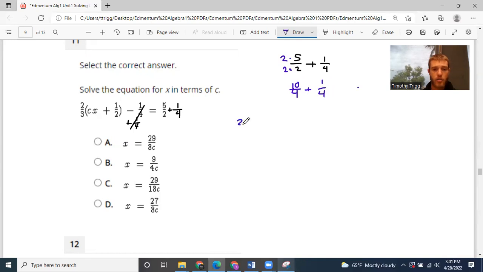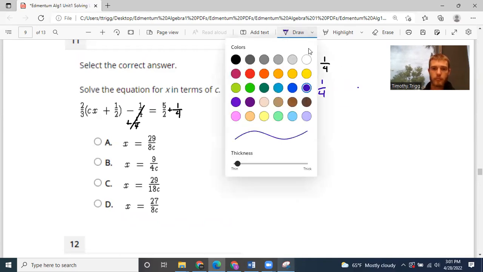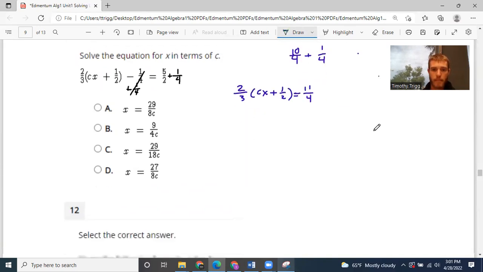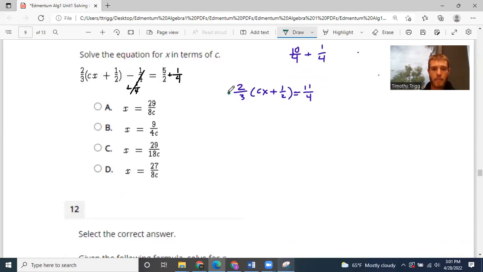So now we have 2/3 cx plus 1/2 equals, when you add these together, that's 11/4. For our next step, I'm going to go ahead and multiply by this one's reciprocal, so 3/2, to cancel this fraction.